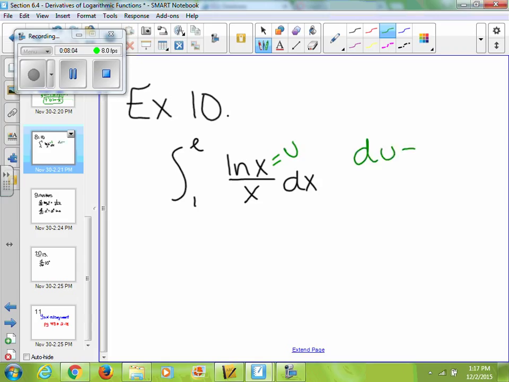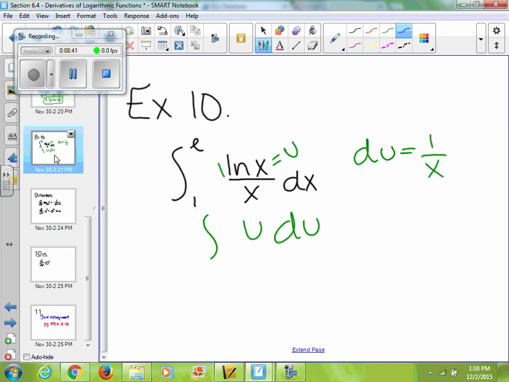So then my derivative of natural log of x is one over x, because just like the derivative of the natural log of the absolute value of x is 1 over x, the derivative of natural log of x is 1 over x. So then if I replace my natural log of x with u, and this 1 over x dx would be replaced by du.